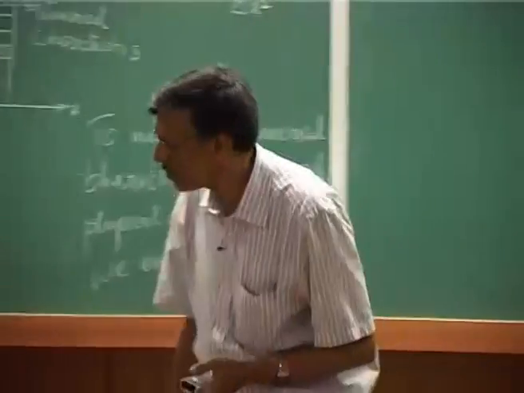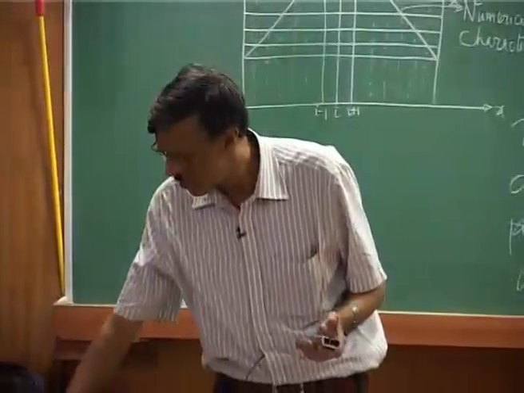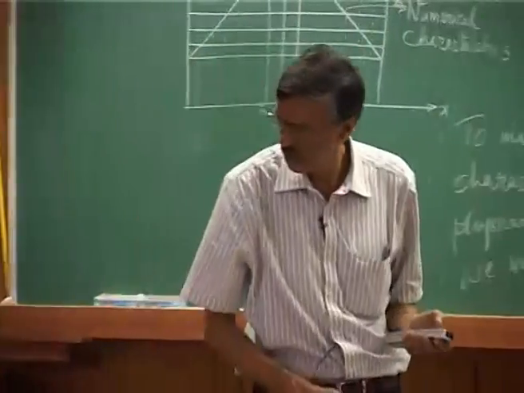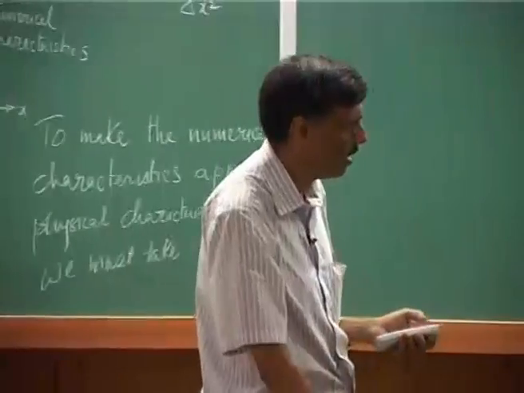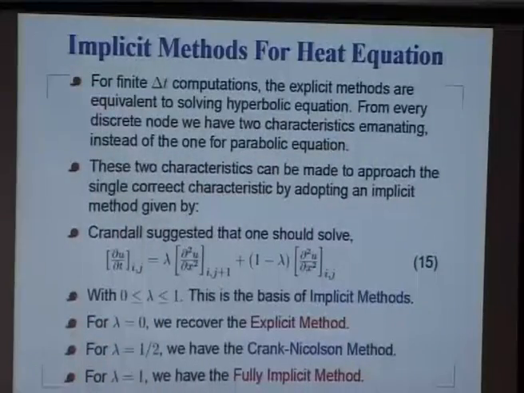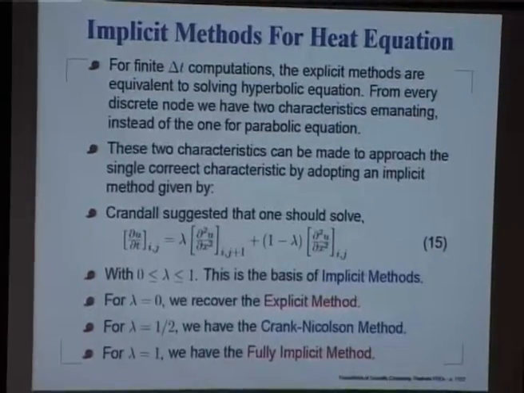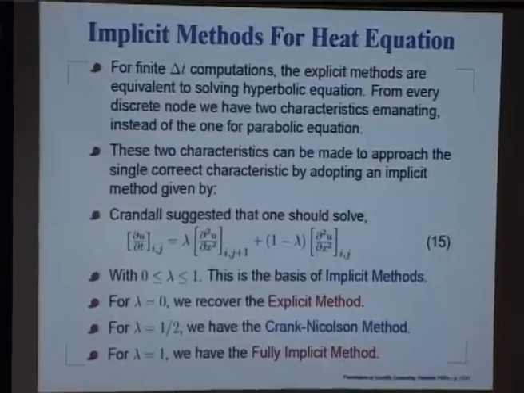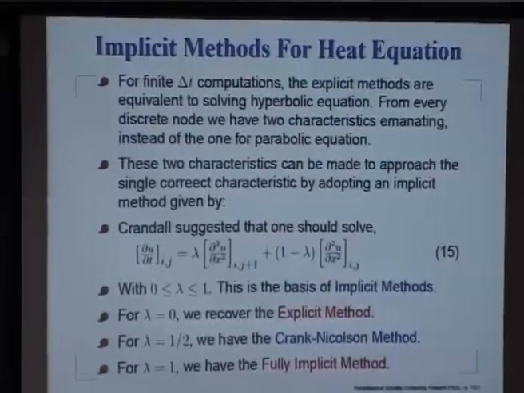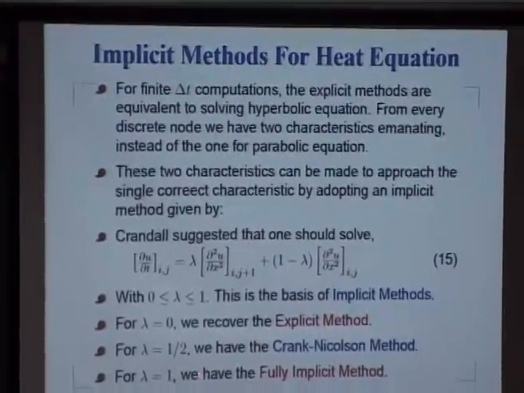Now, this is what two gentlemen from Cambridge, Crank and Nicholson, did in the mid-40s. What they said is, take a kind of unbiased average, take half and half contribution coming from each time level. That's your lambda equal to half.